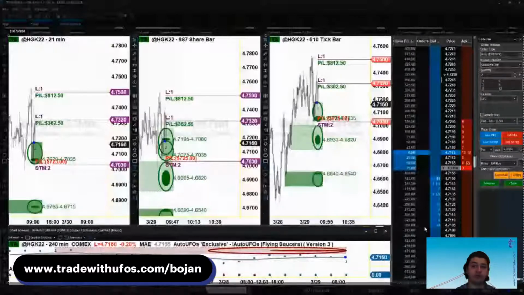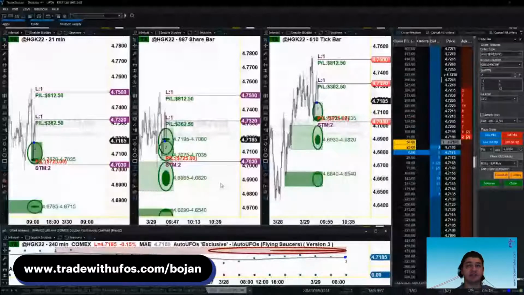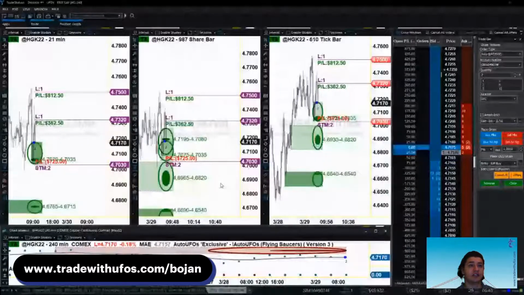This is a 240-minute setup. There we are. Okay. So, like I said, not the greatest of trades here, but listen, sometimes it's these trades that pay the bills, as they say. Risking 725 to make 1175 is the current setup right here. So, yeah.